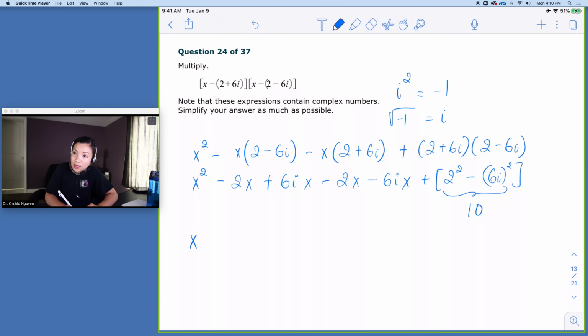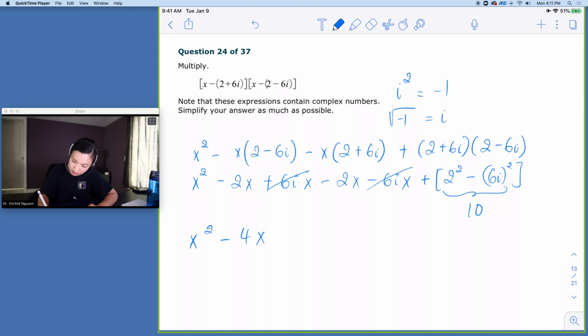So what I have is x squared minus 4x. I have 6i squared right here, so it should be 36.